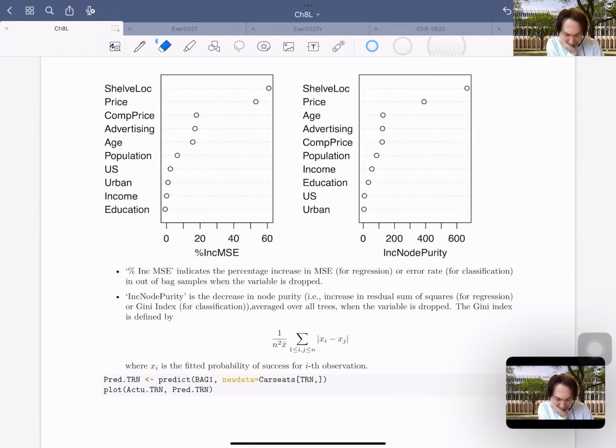I thought that this is the same for the regression case, but it sounds slightly different between this and this.